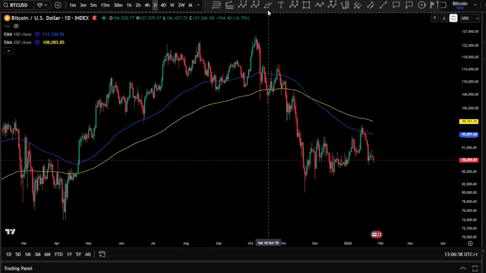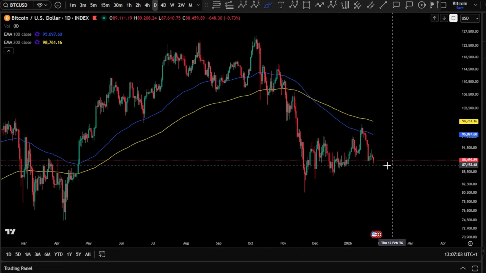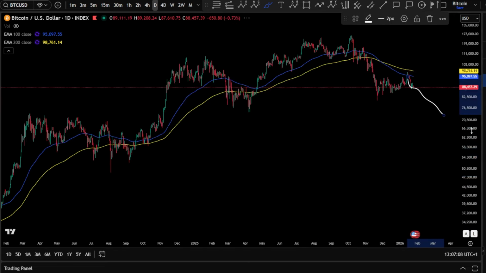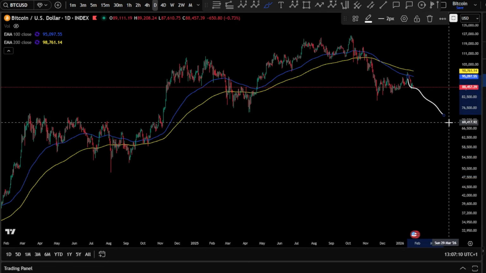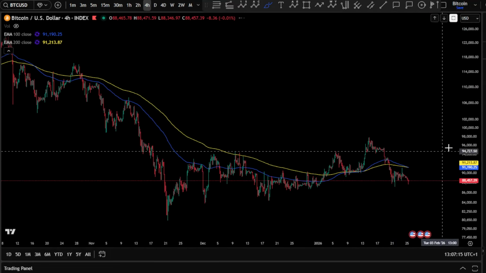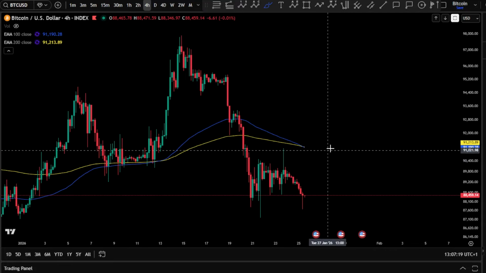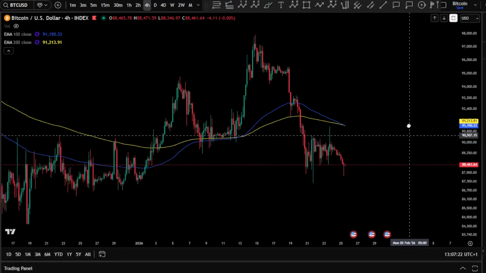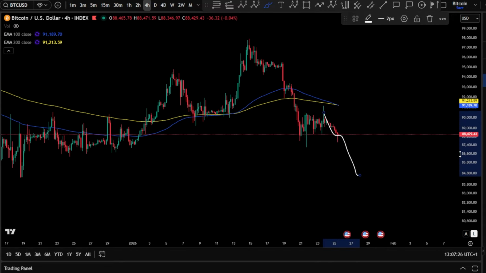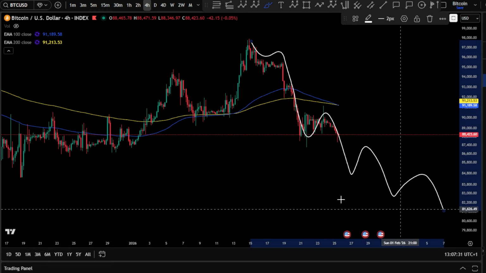On the daily, we have a very bearish cross between the EMA 200 and the EMA 100. That means a very open bearish signal there. We must still drop very low to the 68K as expected. So this is also a very bearish signal on the EMAs. The chart is renewing the bearish cross for our wave 5, which might continue to drop downward, and I'm still expecting continuation of the drop.